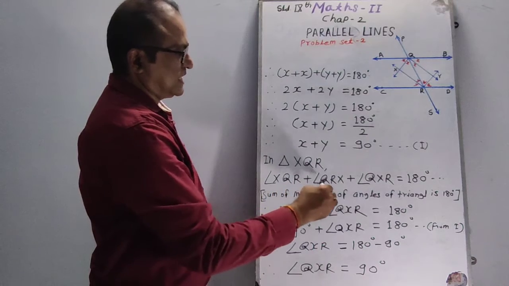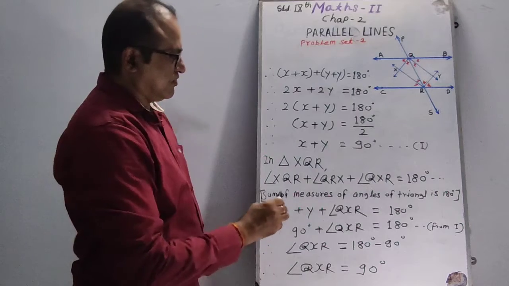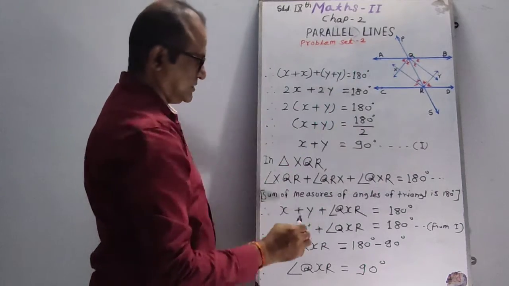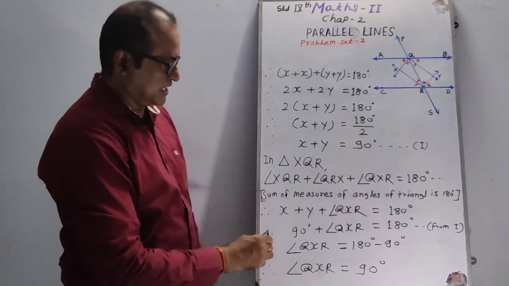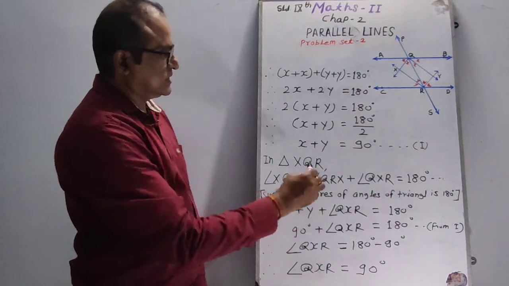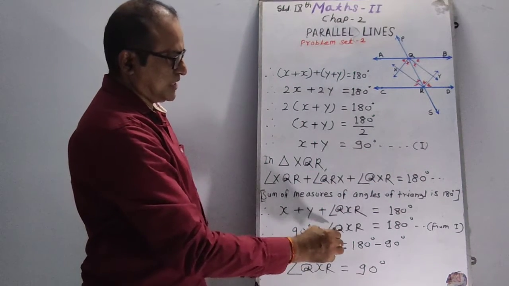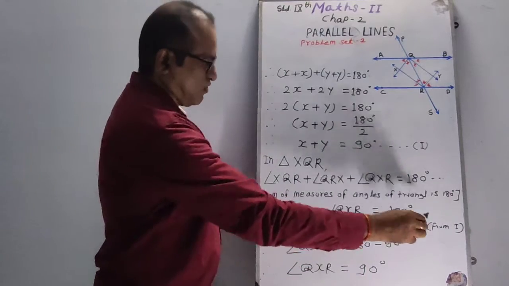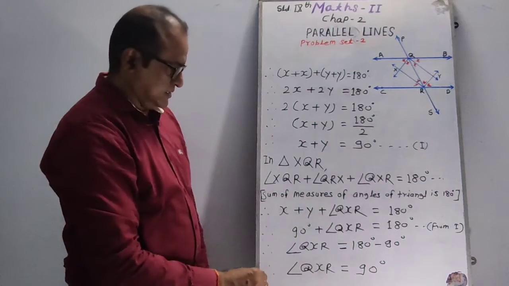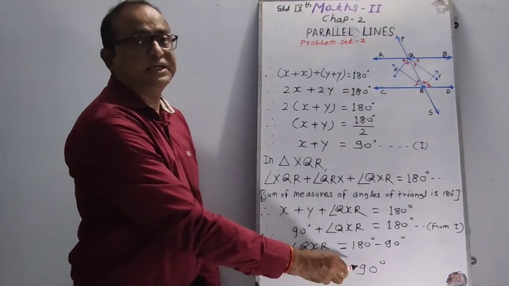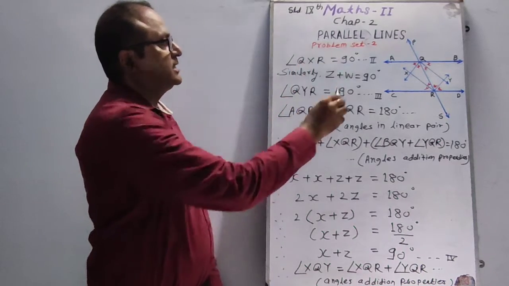Therefore, x plus y plus angle QXR is equal to 180 degrees. Since x plus y is equal to 90 degrees from (1), 90 degrees plus angle QXR is equal to 180 degrees. Therefore, angle QXR is equal to 180 degrees minus 90 degrees. Therefore, angle QXR is equal to 90 degrees (2).